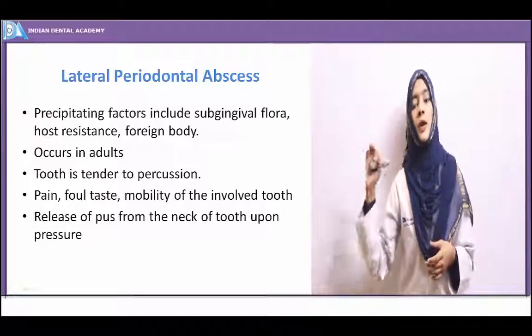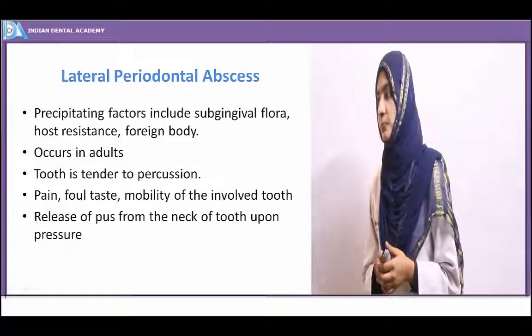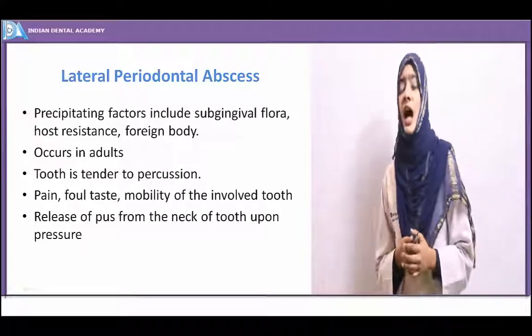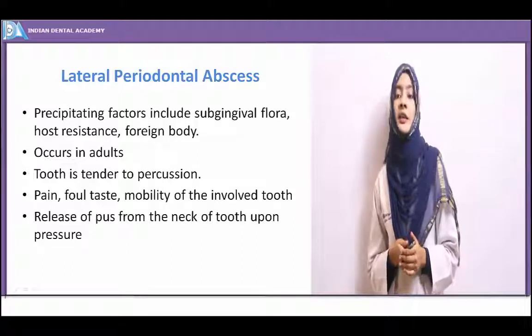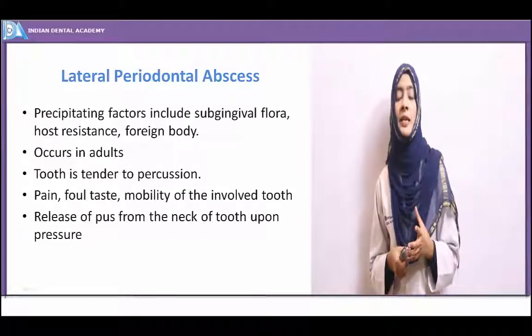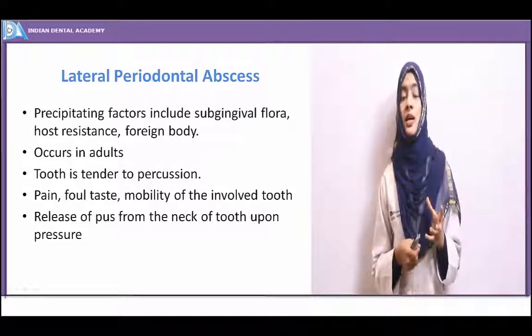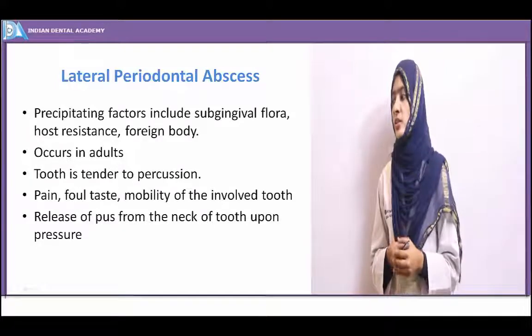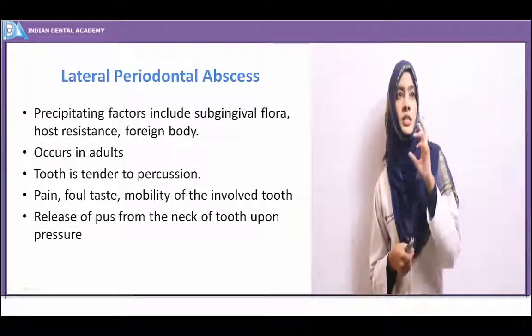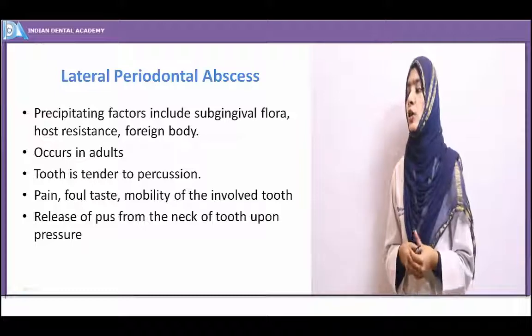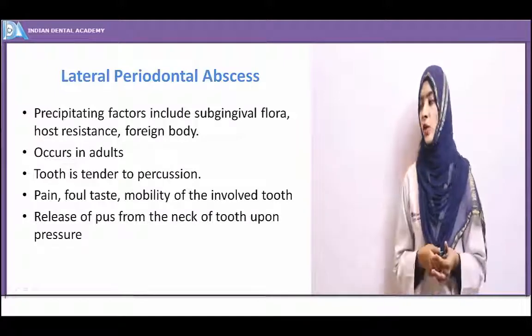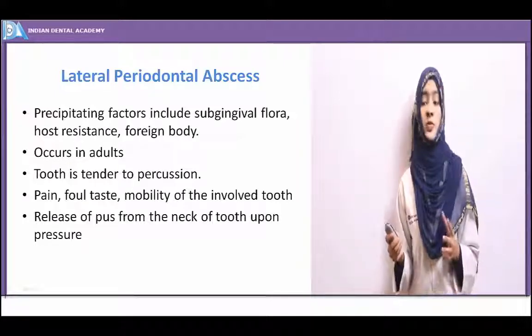That's nothing but a lateral periodontal abscess. It occurs basically in adults, and the tooth is tender to percussion, and clinically the patient complains of pain. The area is extremely sensitive to touch. There is mobility of the involved tooth, and pus releases from the neck of the tooth surface, and the patient complains of a foul taste.